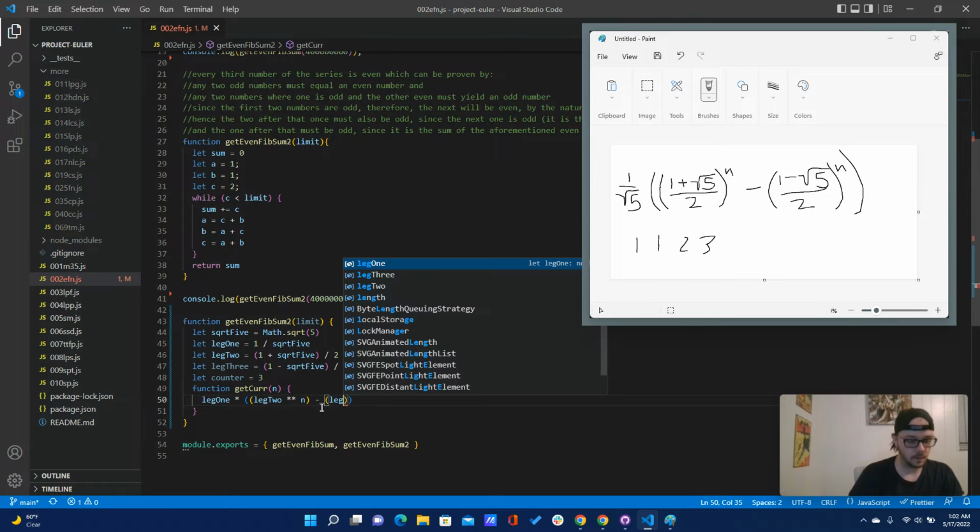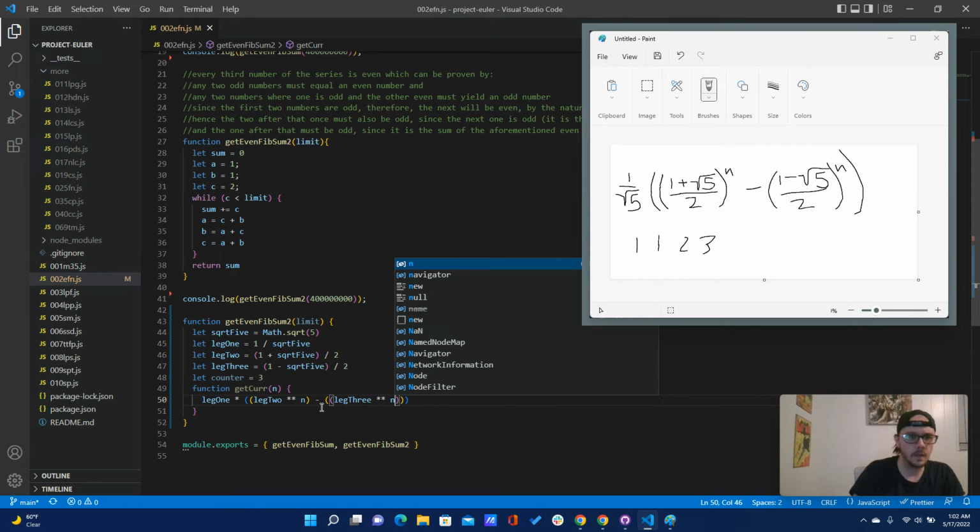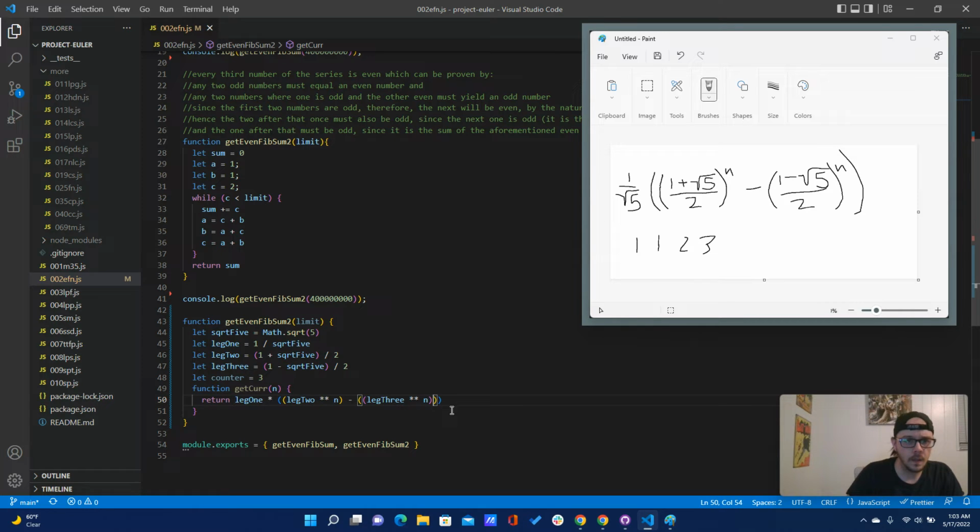Minus leg 3, n. Okay, I think we added one too many. Yeah, okay, that looks right.